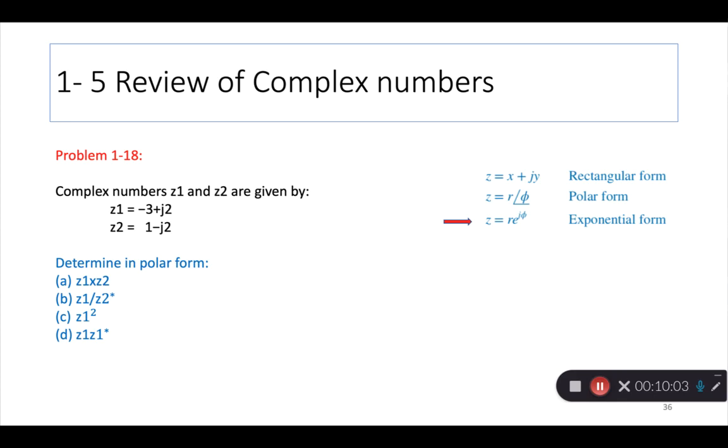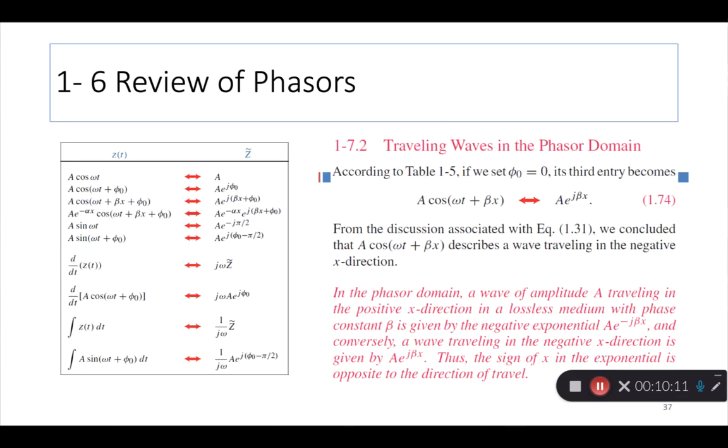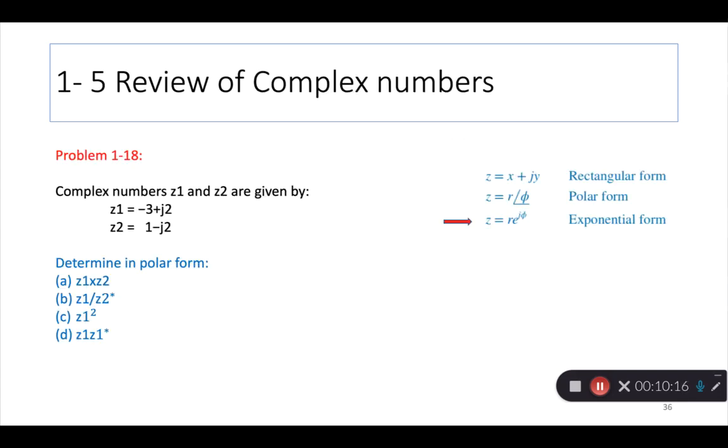Okay, what else do I have in theory? There's a section called Review of Complex Numbers, and another section called Review of Phasors, on slides 36 and 37. I'm going to skip most of this because everything here is what we have already done in our first two courses on circuits.